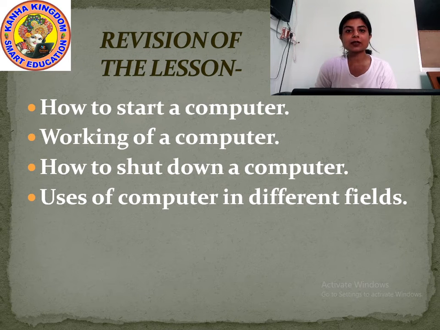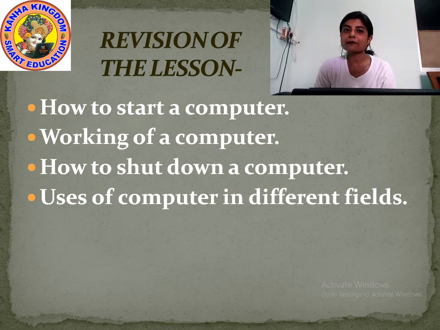Now, after giving the input, what does a computer do? It processes the input that we have given. Okay. Processing, the central processing unit does the processing. It works on the information that we have given to the computer, because the CPU is the central processing unit, the brain of a computer.